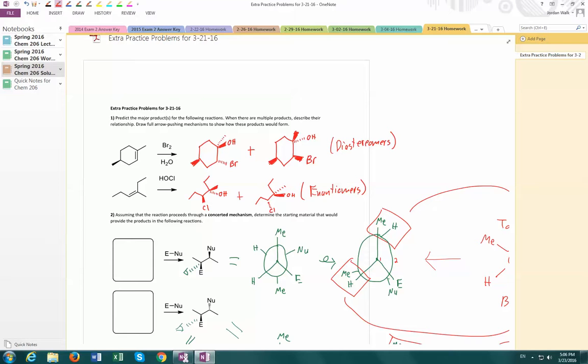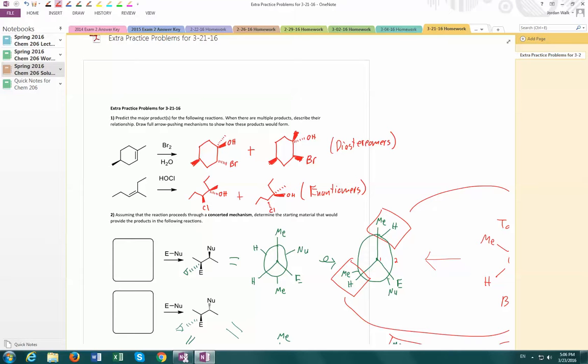I understand what you're saying. You left the methyl in the plane, and so you would have to have the ethyl on a wedge. I just switched the wedge and dash on the ethyl. As long as you've got the same stereocenters, you're perfect.